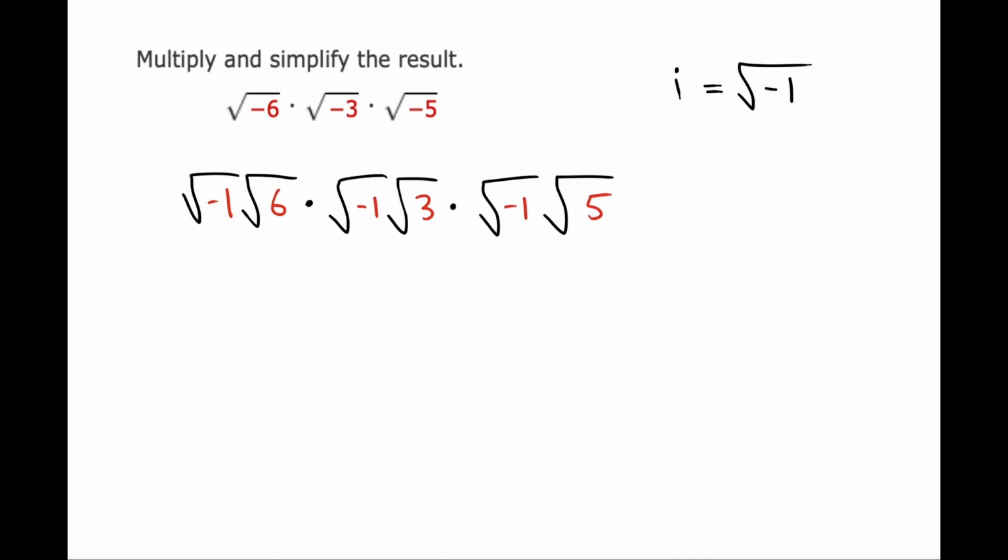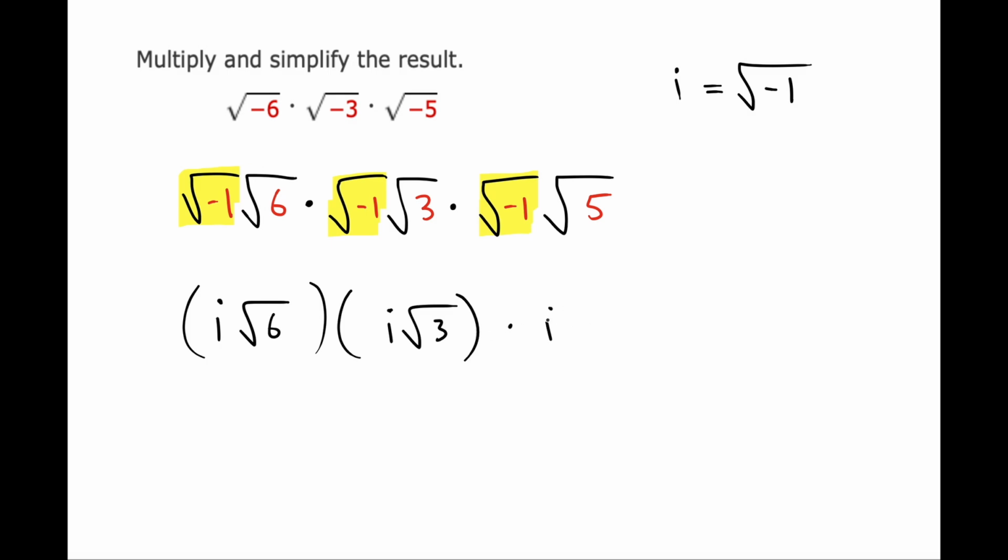I did this because I can now replace the square root of -1s with i's. So this is going to become i radical 6 times i radical 3 times i radical 5.